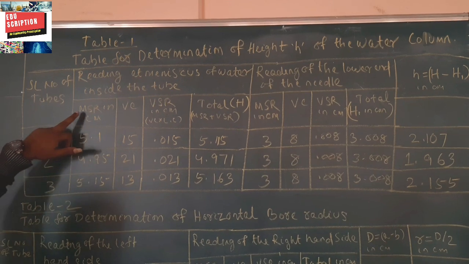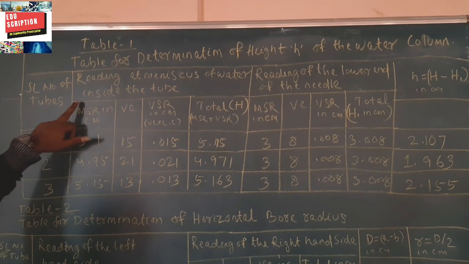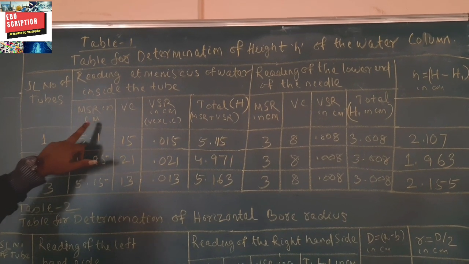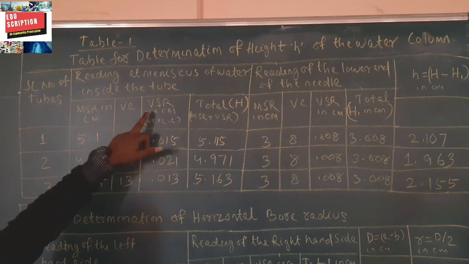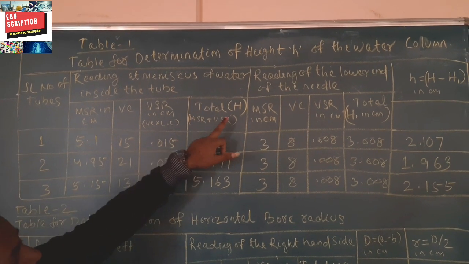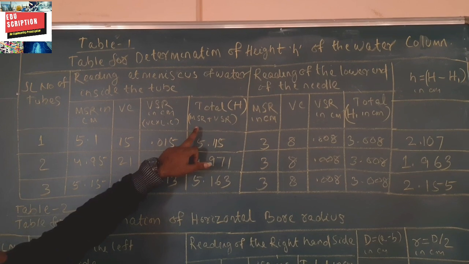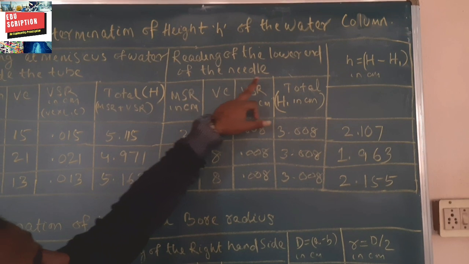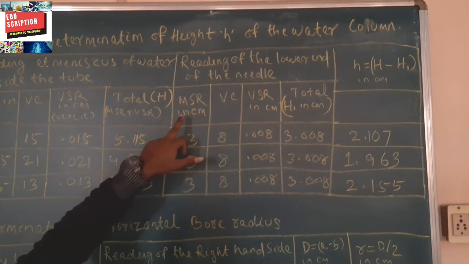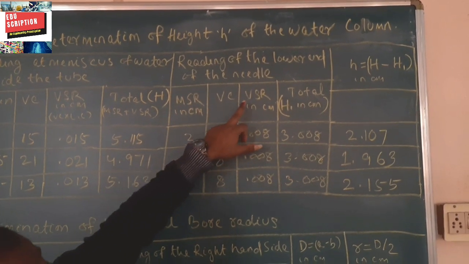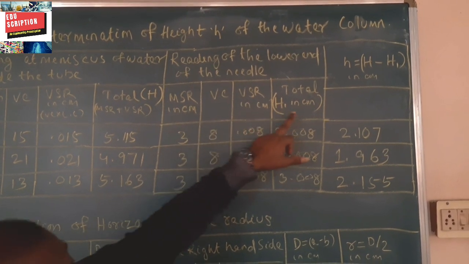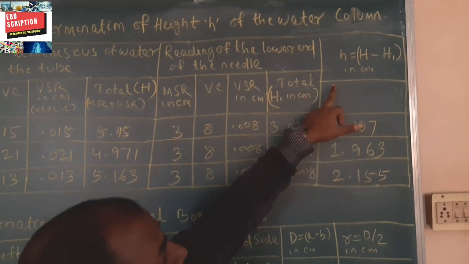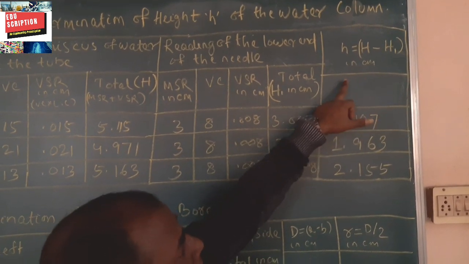The reading at the meniscus has 4 columns: main scale reading in centimeter, vernier coincidence, vernier scale reading, then total, that is H. Total is main scale reading plus vernier scale reading. For the reading of the lower end of the needle: main scale reading in centimeter, vernier coincidence, vernier scale reading in centimeter, total, that is H1 in centimeter. Then small h, the height, is capital H minus H1 in centimeter.